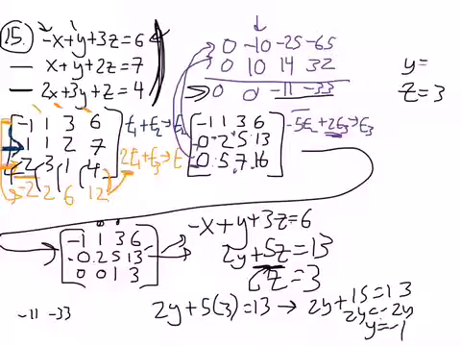So now I know that y equals negative 1. I have 2 of them. Plug them both into here to figure out what x is. Negative x plus y, y's 1. Sorry, y's negative 1. Oh, that's horrible. So z's 3, y was negative 1.